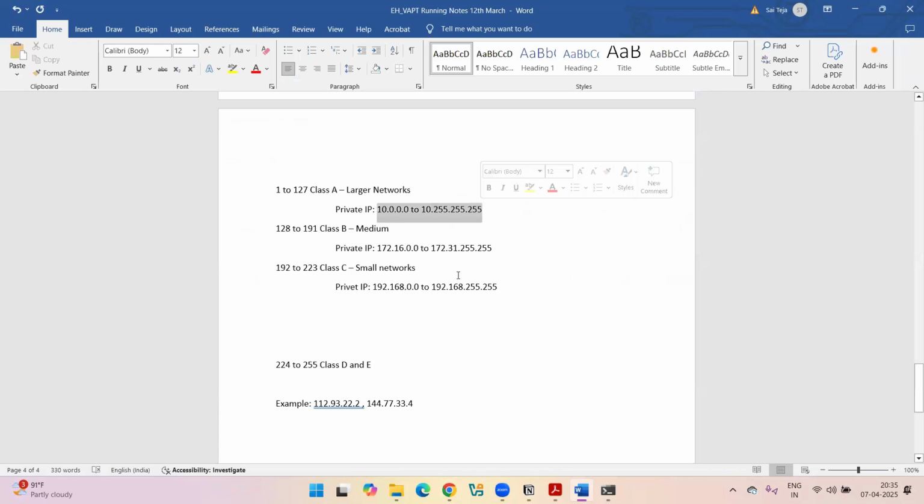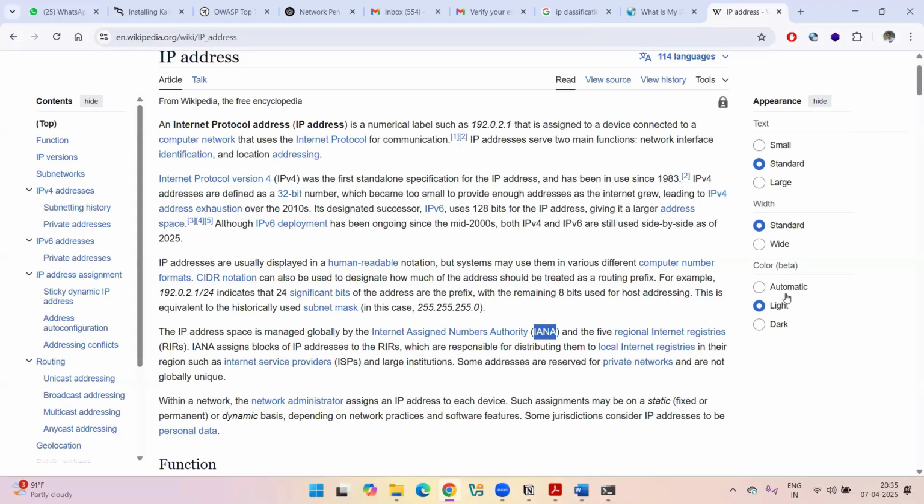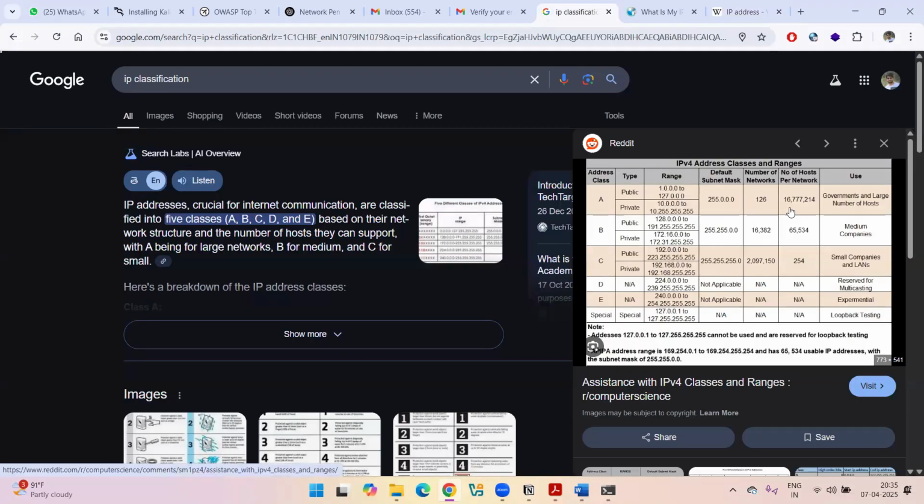So when you look into class A, it is used to create larger networks. Here you can see the number of systems which we can connect to it, right? Class C is used for small networks. How many systems can we connect in this?